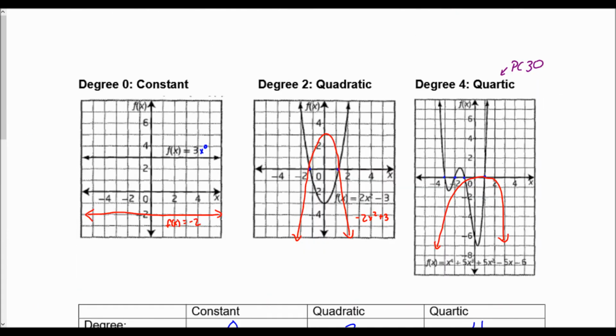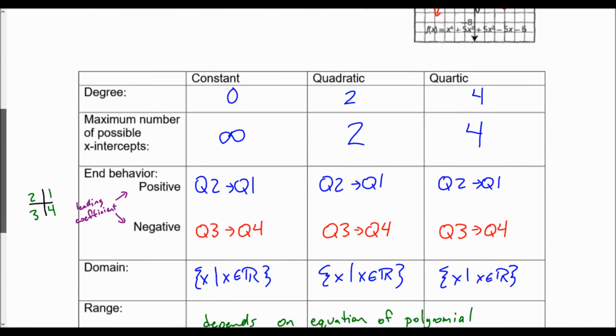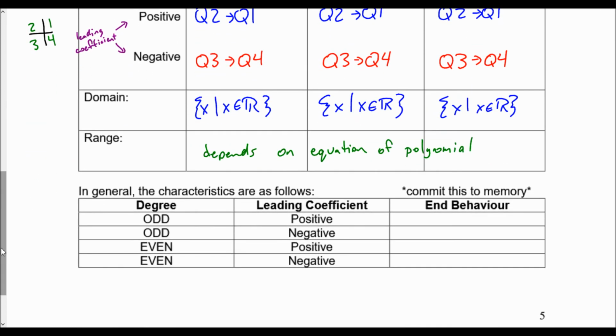The end behavior for each of these. And I do like you to commit these to memory because it's really easy to do as soon as you have it memorized. If you have an odd degree and the leading coefficient is positive, it's always going to be going from quadrant 3 to quadrant 1. The way that I always like looking at it is a line.